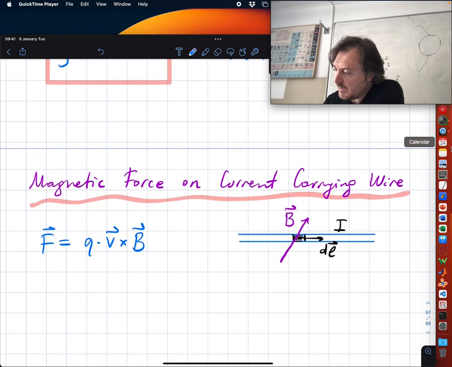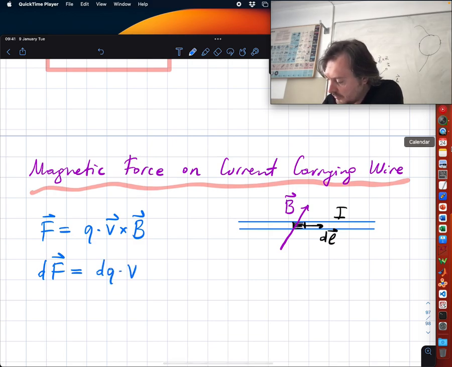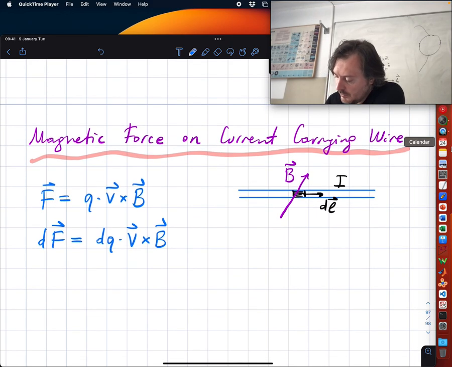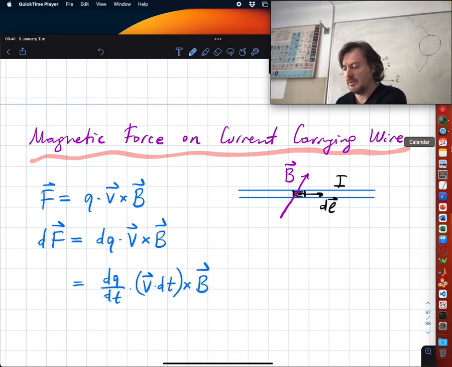So we can rewrite this like this. dF, the tiny bit of force felt by the tiny portion of charge, is this. So I'm going to rewrite this as dq over dt times v times dt cross B. Yes? Did you follow this? I just multiplied and divided by dt.